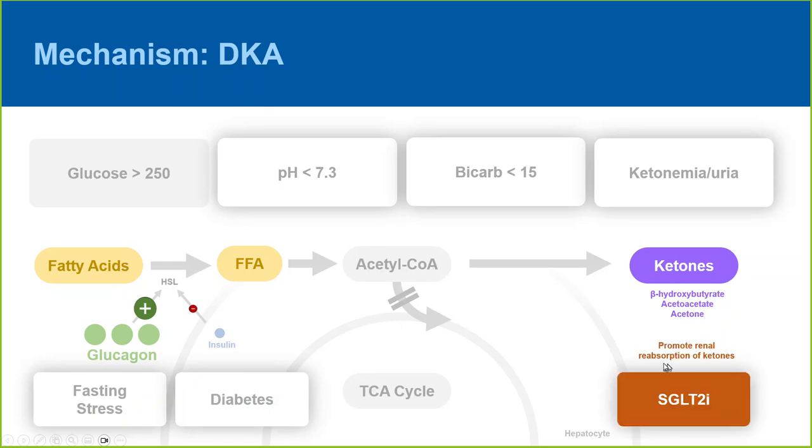And it turns out that SGLT2 inhibitors promote the renal reabsorption of ketones and therefore exacerbate the ketonemia and ketonuria, driving down the pH and bicarb even further. And glucagon also promotes gluconeogenesis and therefore results in even higher levels of glucose.